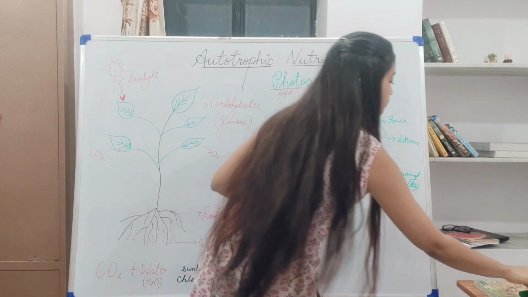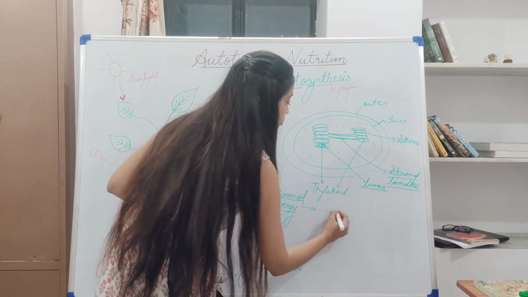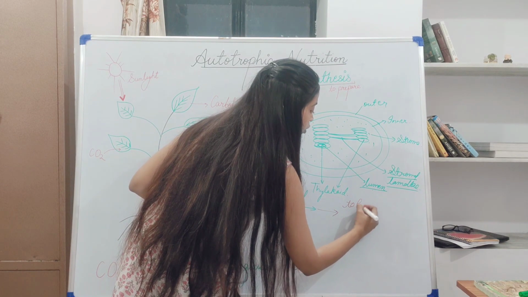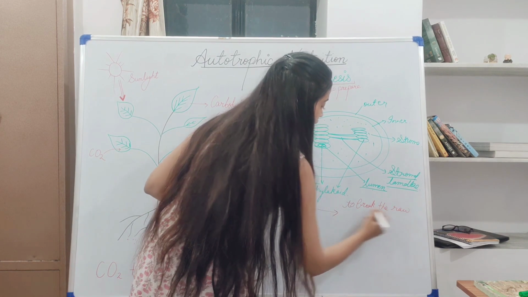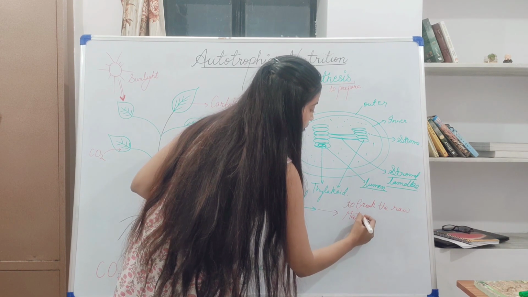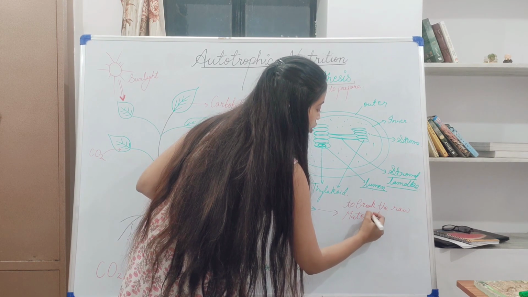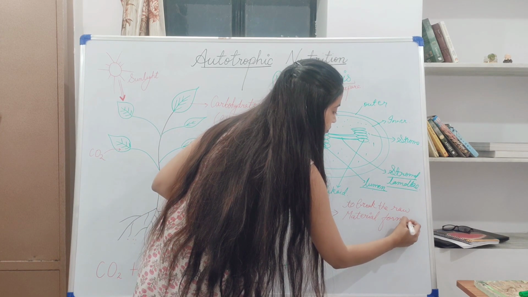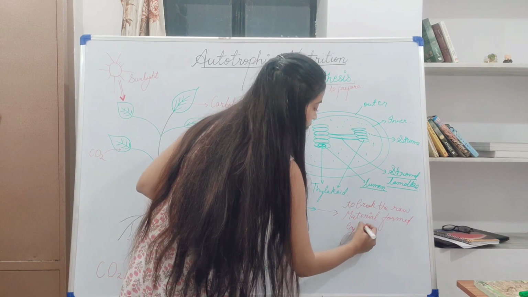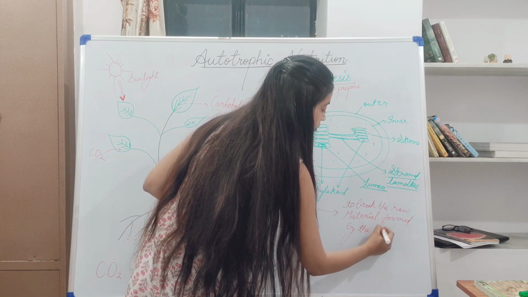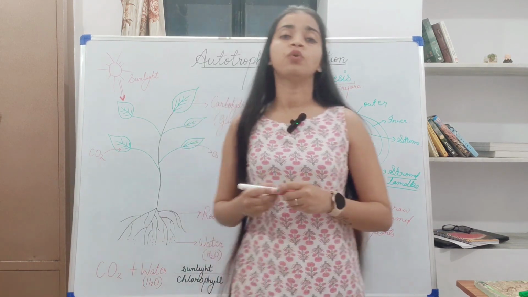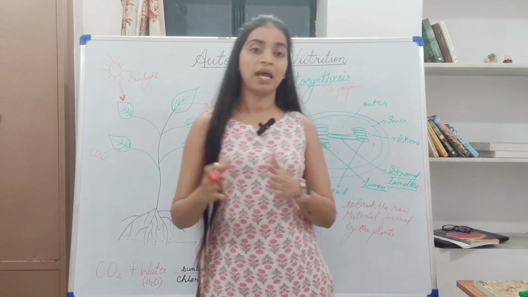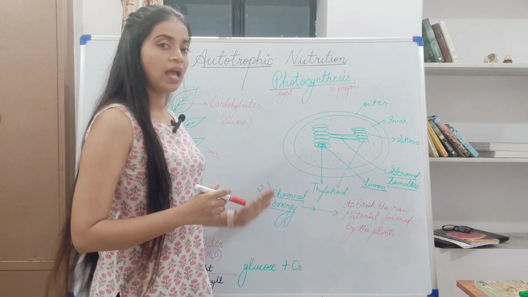Because to break the raw materials formed by plants. So there are 4 raw materials which are broken down by the chemical energy.